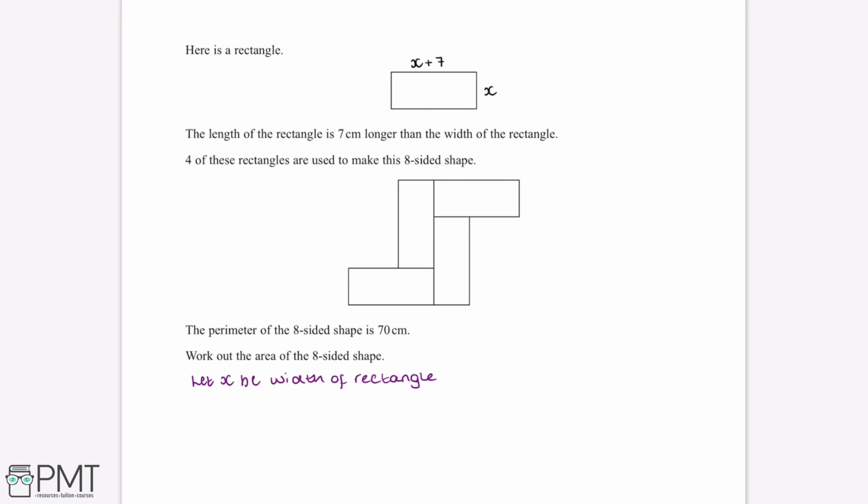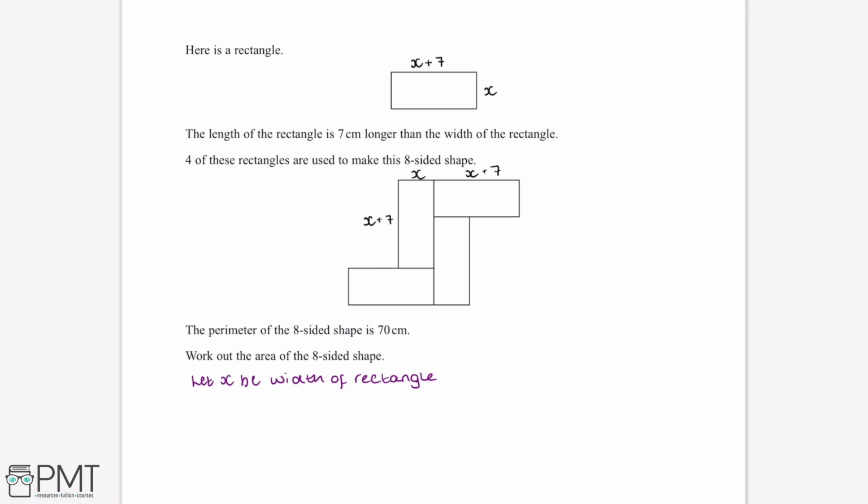So now what we can do is start labelling up the lengths of these sides on this shape. If we start with this side here, this is one of the lengths of the rectangle, so we can label this up as x plus 7. This shorter length here at the top is the width, so this is x centimetres. This length will be x plus 7 centimetres.